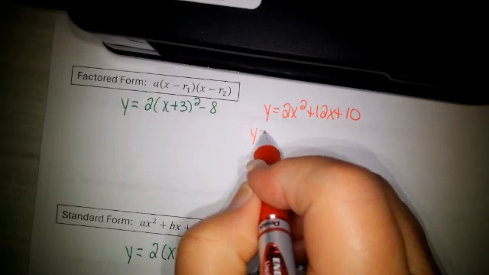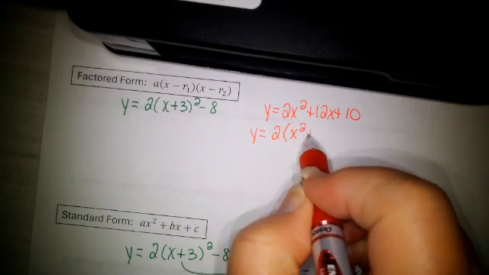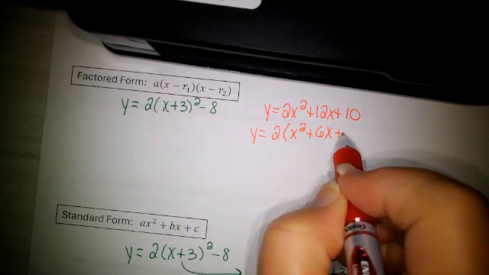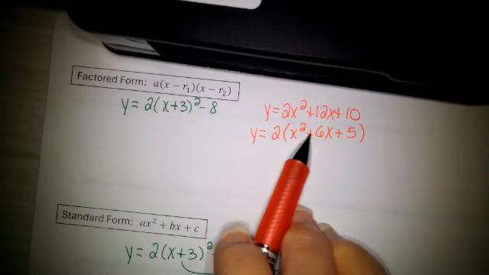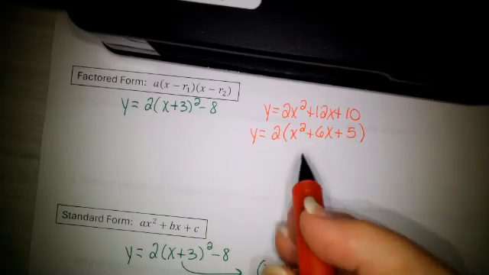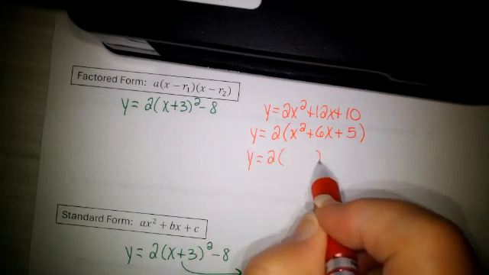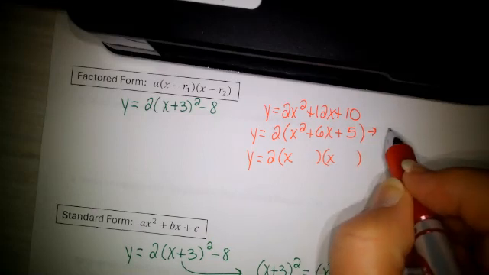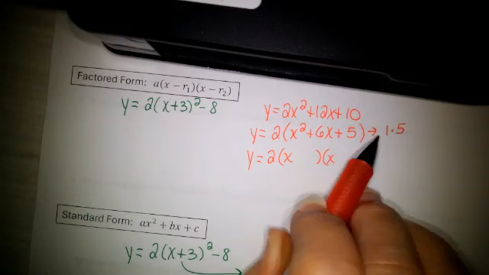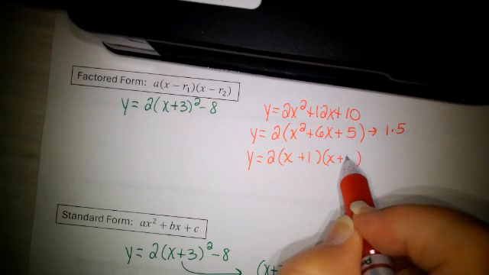Well, they all have a 2. So if I factor out a 2, I'm left with x squared plus 6x plus 5. And now to factor what's in the parentheses, I need factors of 5 that will add up to 6. Well, guys, there's only one way to get factors of 5, and that's 1 times 5. So (x plus 1)(x plus 5).